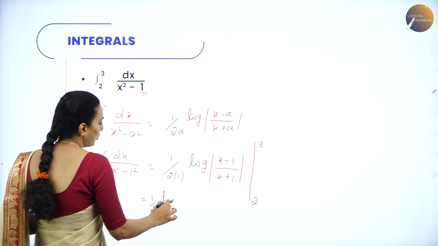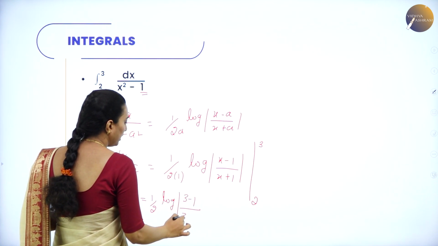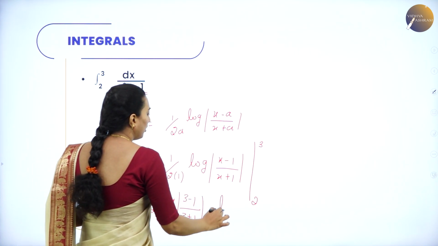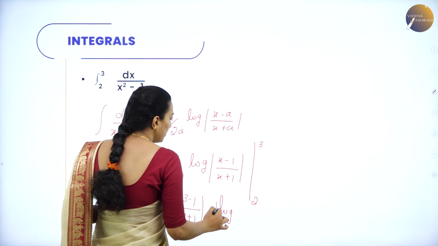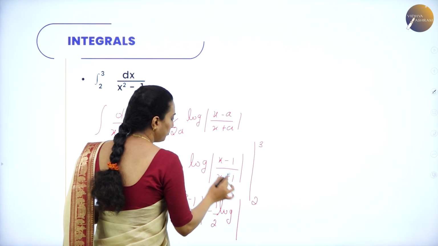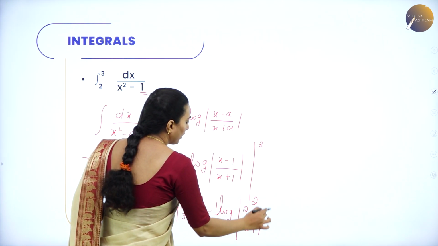So log of modulus of 3 minus 1 divided by 3 plus 1, minus, here 1 by 2 is there, don't forget, because this is 1 by 2, minus applying the lower limit, putting x as 2, log of 2 minus 1 divided by 2 plus 1.